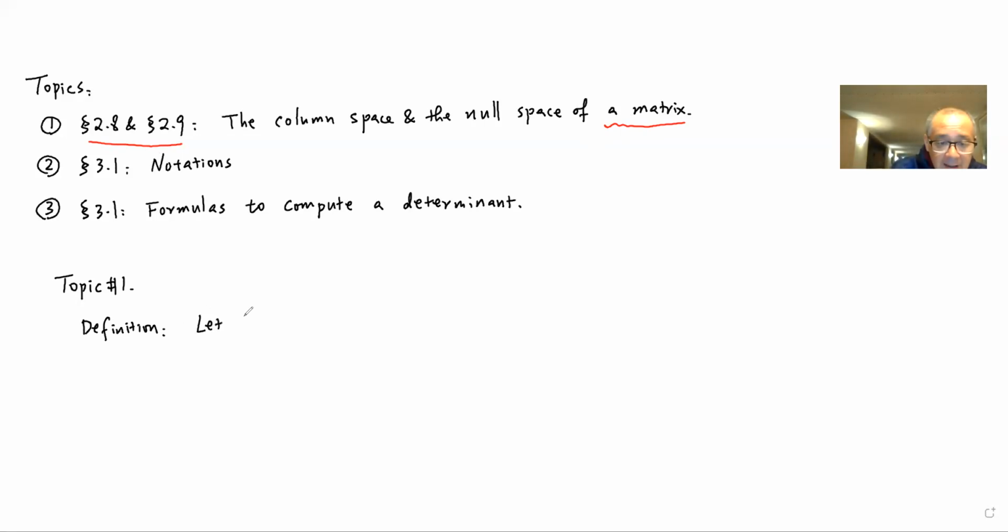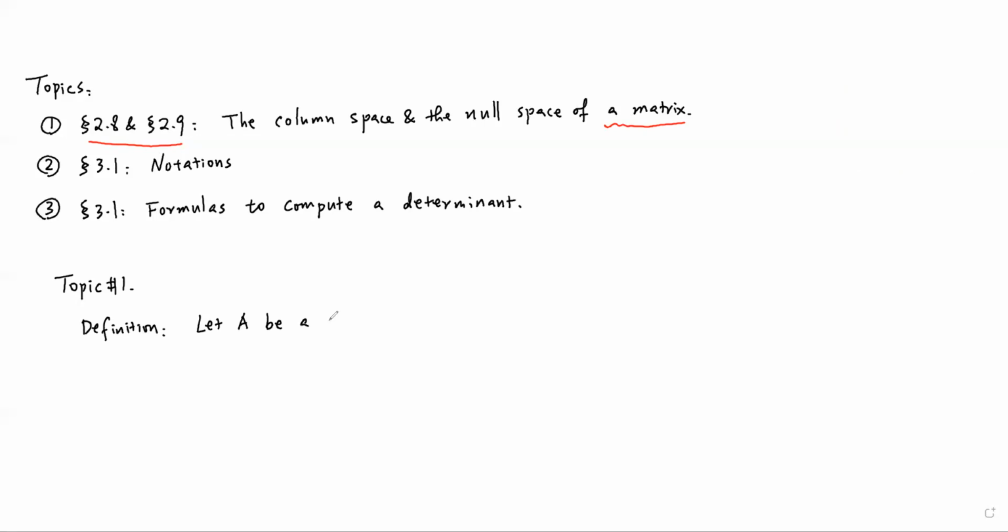Let A be a general m by n matrix. There are two subspaces associated with this matrix A. Number one, let me cut the matrix into columns.